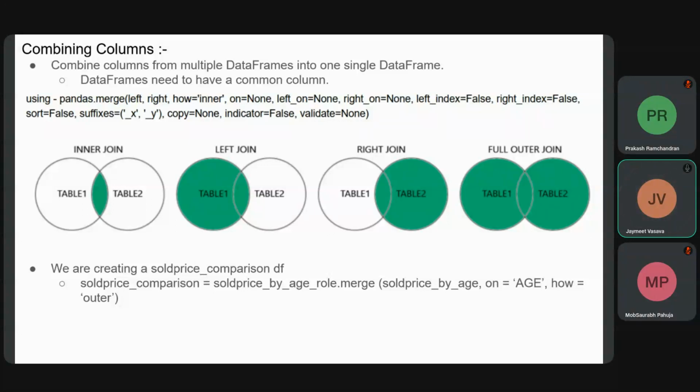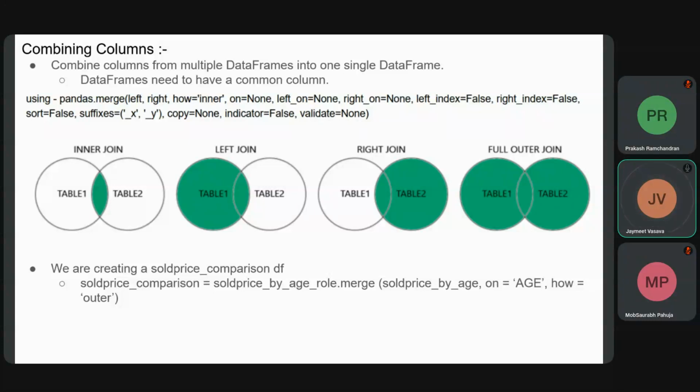Then the same goes for right, and the full outer join means combining both of them. So we are creating a sold price comparison DF. The sold price comparison DF will consist of the column which we have used for age and role both, merging with the sold price by age.